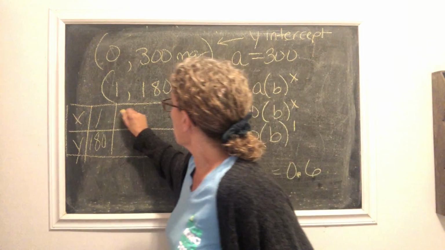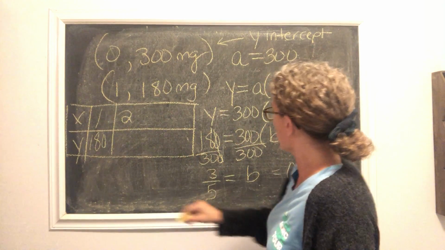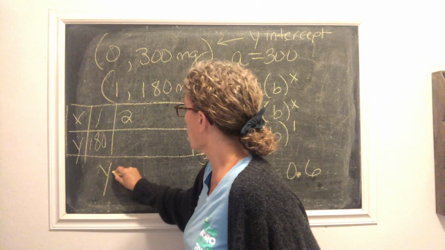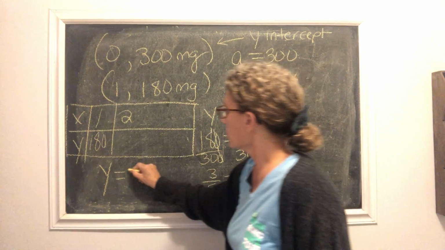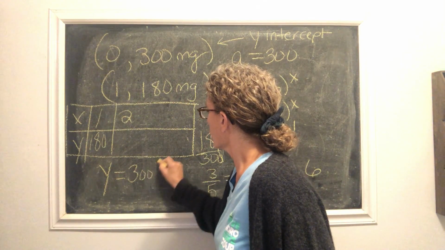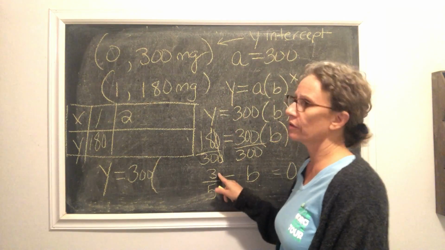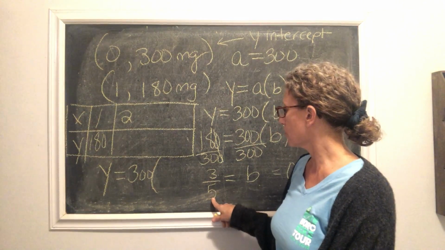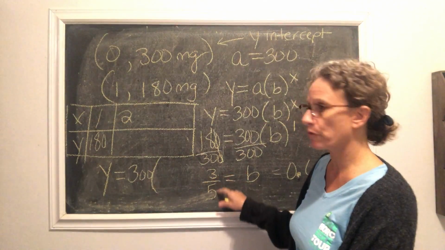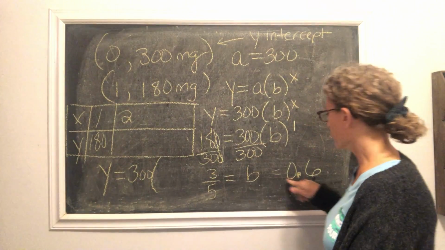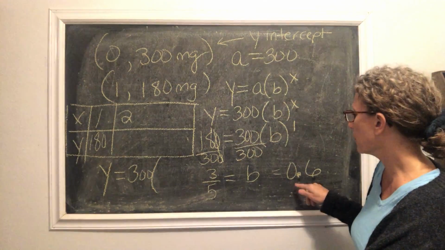On day 2, if we now have the function y equals a, the original amount, multiplied by, now you can either use 3/5 and raise that to the x if you prefer using the fraction, or you could use the decimal value, 0.6.